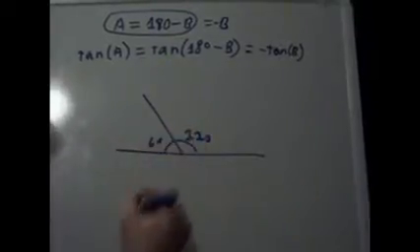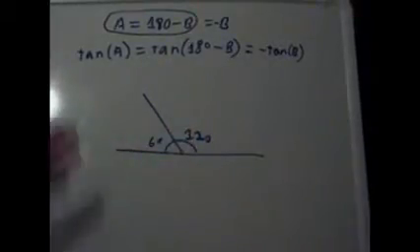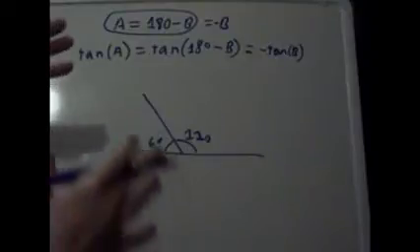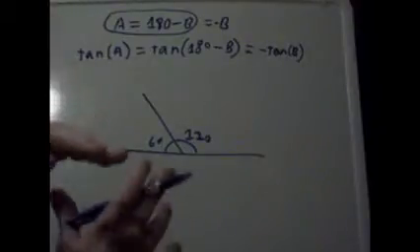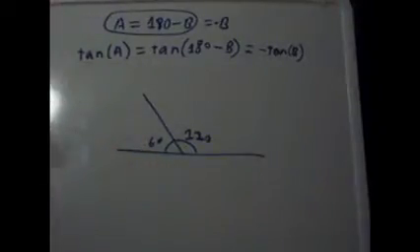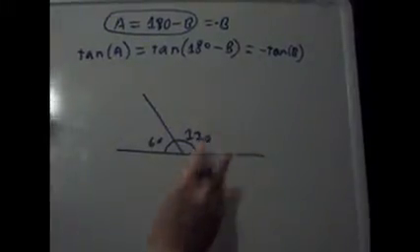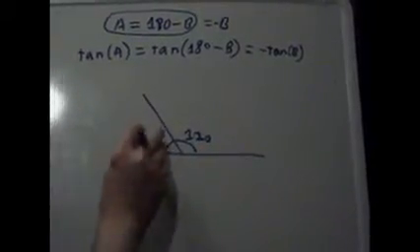This is 60. Now, if you look at a chart of all the tangent values, you'll see that they go from 0 degrees to 90, and they don't go any farther than that. So, instead of finding the tangent value of 120 degrees, you're going to find the tangent value of 60.